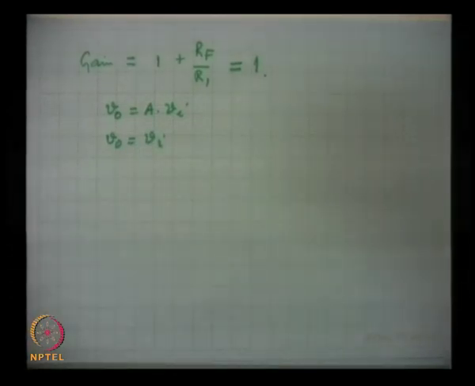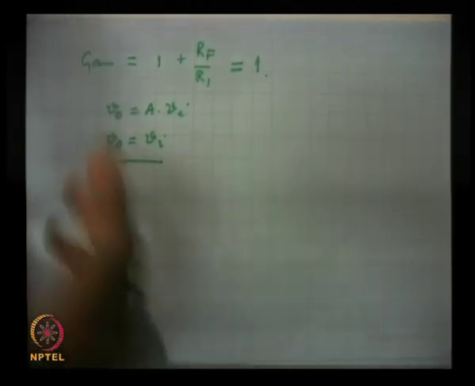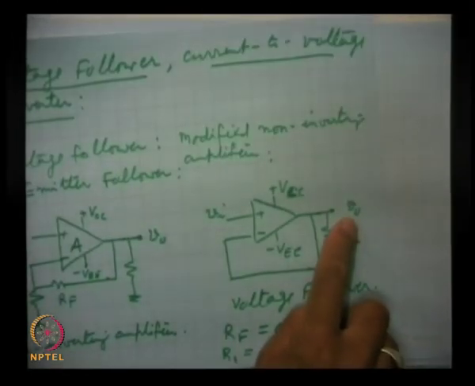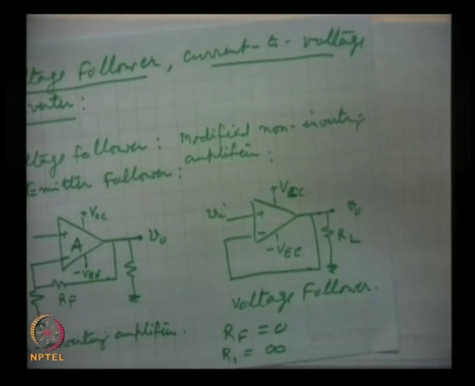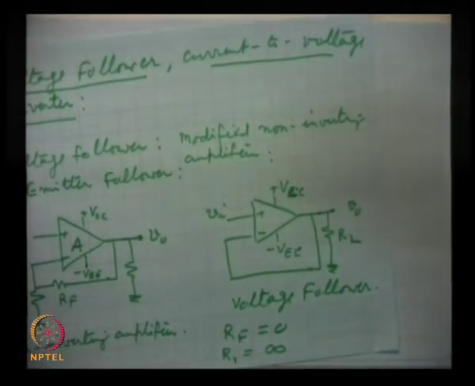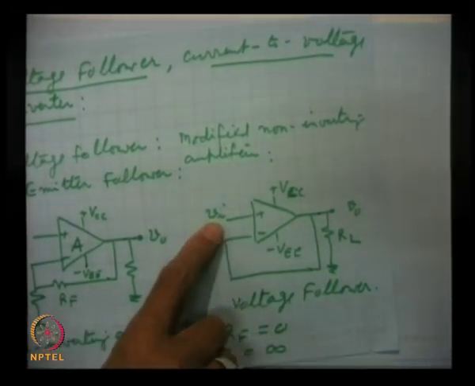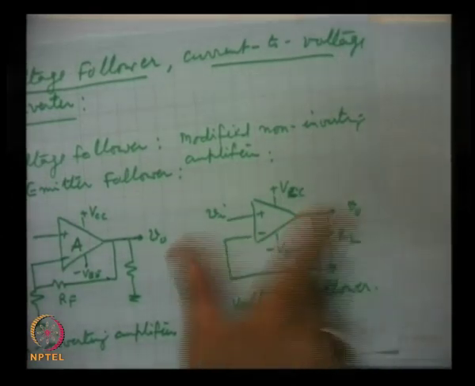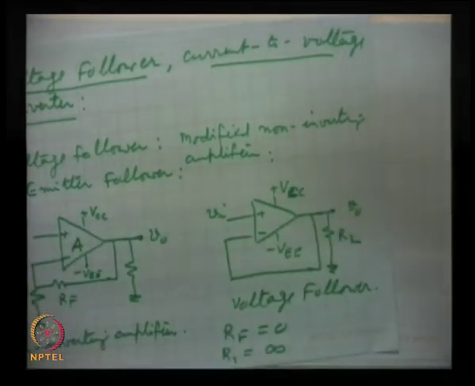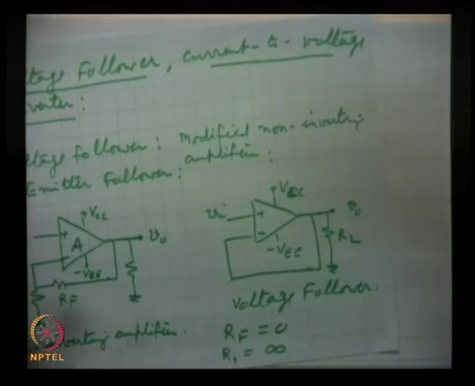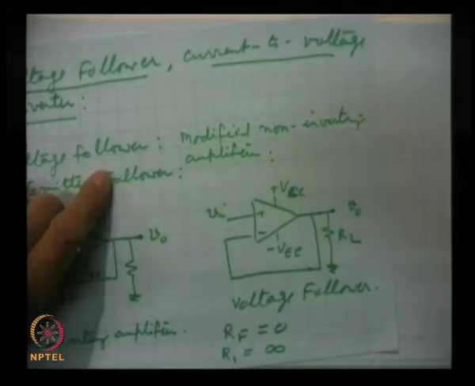This is what happens in an emitter follower, from where the name comes. In emitter follower, the output voltage follows the emitter. Here we are seeing that this output which will appear here will be of exactly equal magnitude as input, and they will be in phase, that means phase is also the same. So, that is why the name voltage follower.